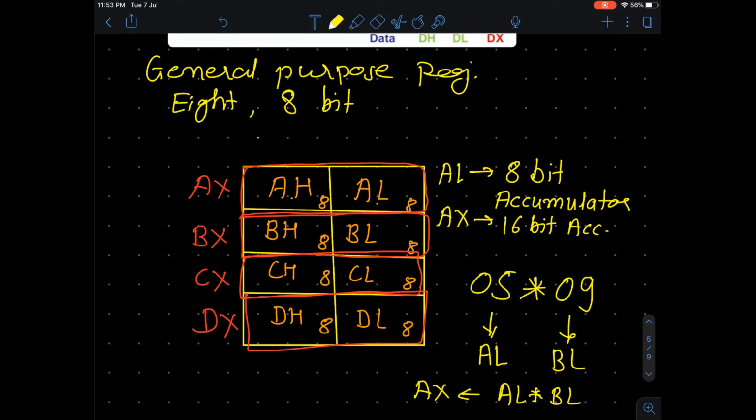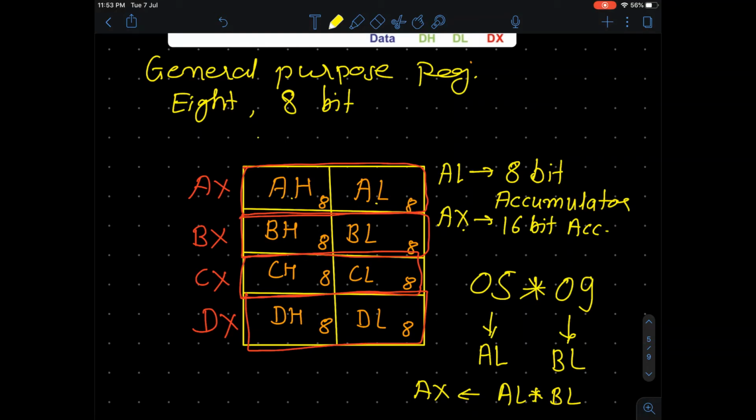AH and AL together is called the AX register. All these registers can be used as general purpose registers, while the special purpose is that the AL register is called the 8-bit accumulator and the AX register is called the 16-bit accumulator. So these registers are a must in certain operations.